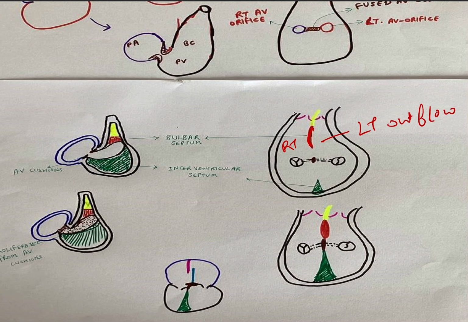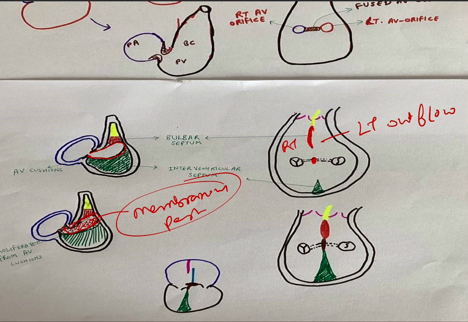This is the bulbar septum. This gap is filled via endocardial cushion proliferation, which is known as the membranous part.